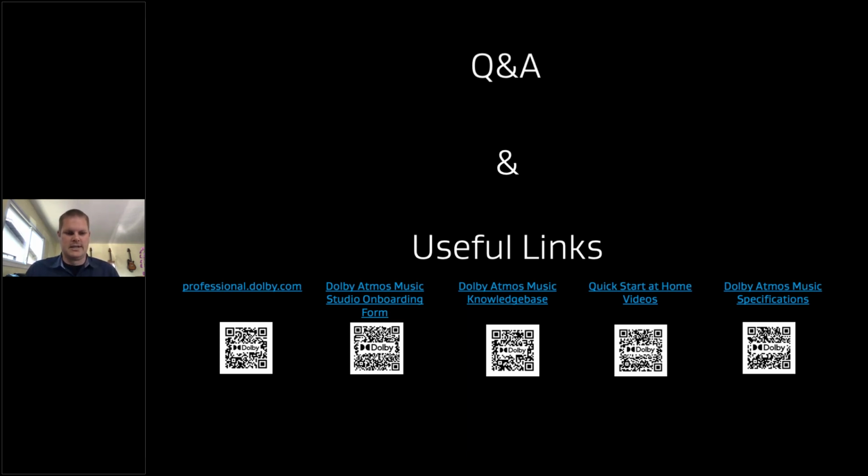What is the average mix level for the room for Atmos mixing studio? So as I mentioned, the calibration is 85 dB. The mix level I recommend being much lower. So I've seen mixers working at 68 SPL for the majority of their work, and then turning it up to check.